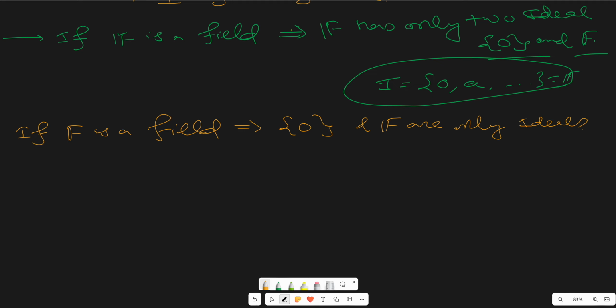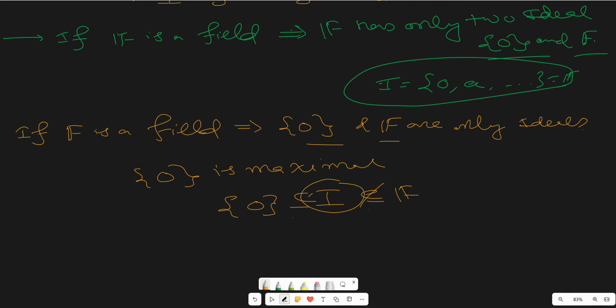What are the maximal ideals? Is 0 a maximal ideal? Yes, 0 is maximal, because in between 0 and F there is no other ideal. There is no other ideal I which contains 0 and which is an ideal of F.